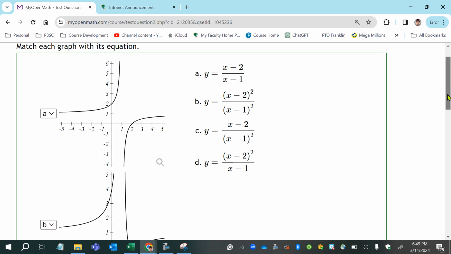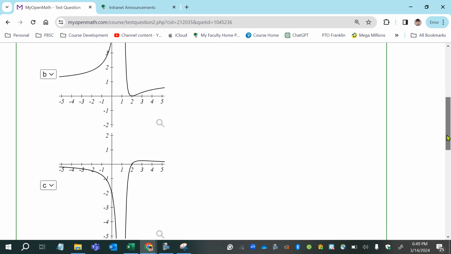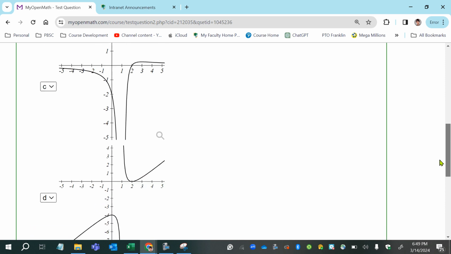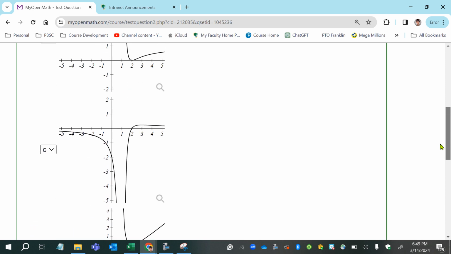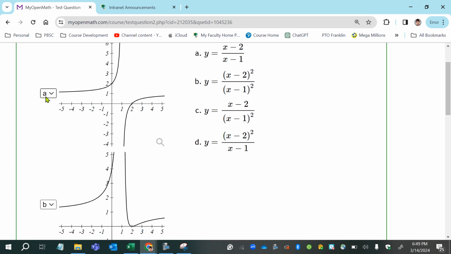So let's look and see if any of these examples here look like they have a horizontal asymptote at the x-axis. Well, the thing about horizontal asymptotes is that they're kind of tricky. You might have noticed I already have the letters assigned to each of these, so it's a giveaway.